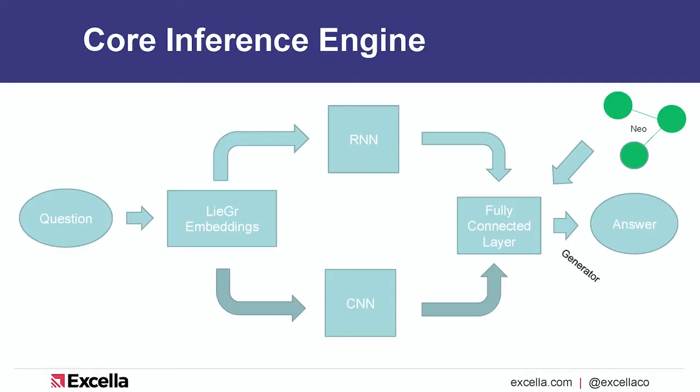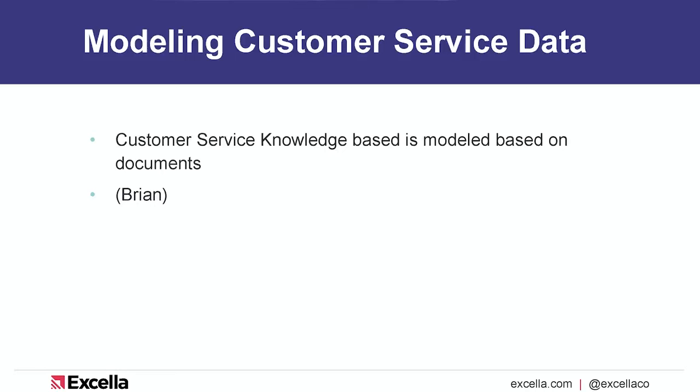Where Neo4j comes into this is we have a question, and once we get to that fully connected layer, often, as Brian said, there are tertiary documents and forms that have to do with that question that we need to pull back. And we could train on those, but then it wouldn't be the exact way as if we need to, say, attach a document or bring back a specific piece of information or perhaps bring back somebody's individual processing time.